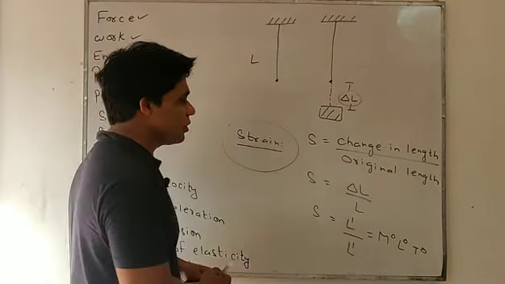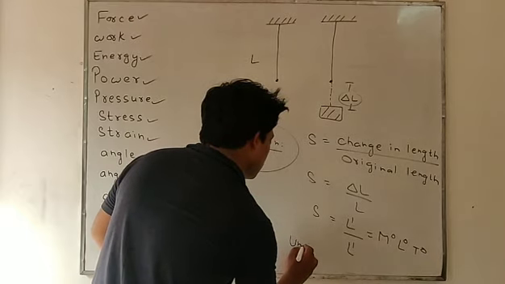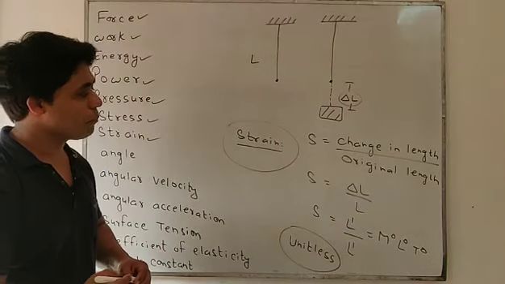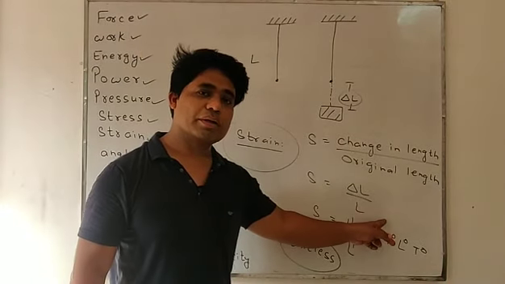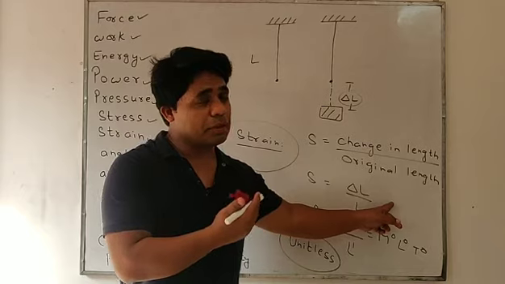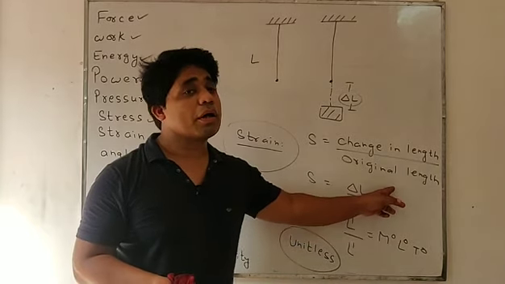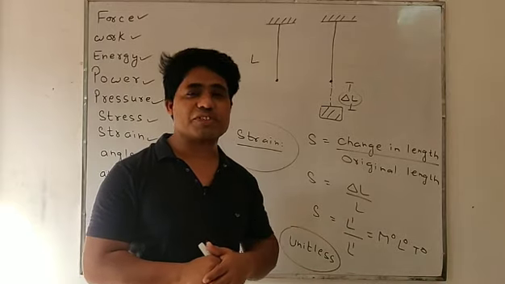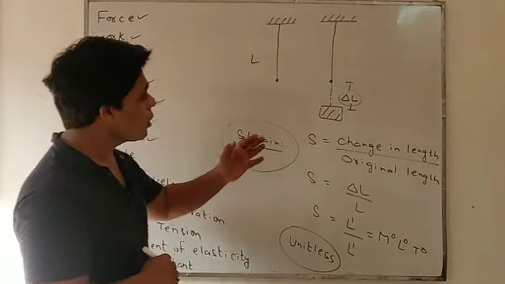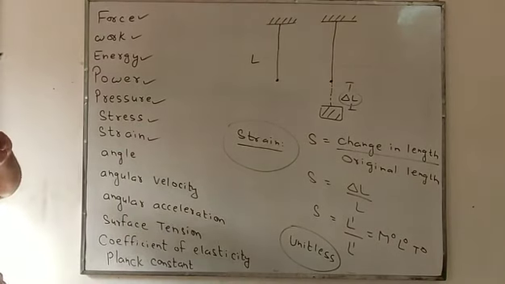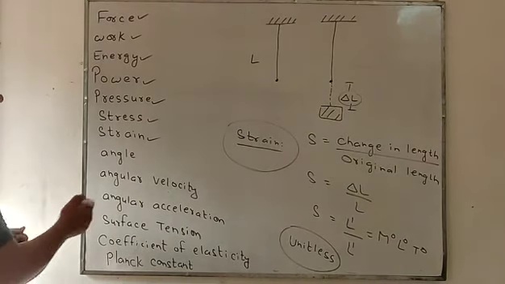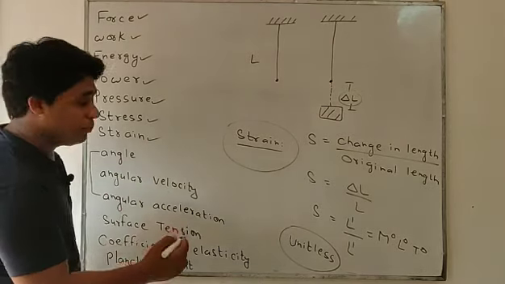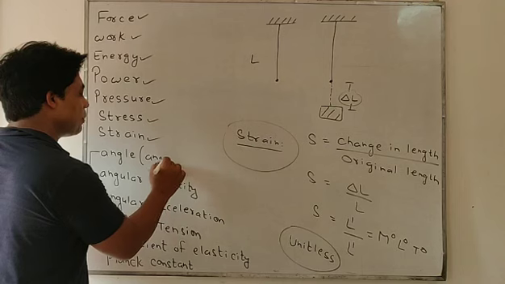And it is also a unitless physical quantity, because change in length is measured in meter, original length we also measure in meter, meter and meter cancel out, so it is also unitless. So it is dimensionless and unitless. That is one of the most important points about strain. Now students, the next is a connected physical quantity: angle, also said to be angular displacement.